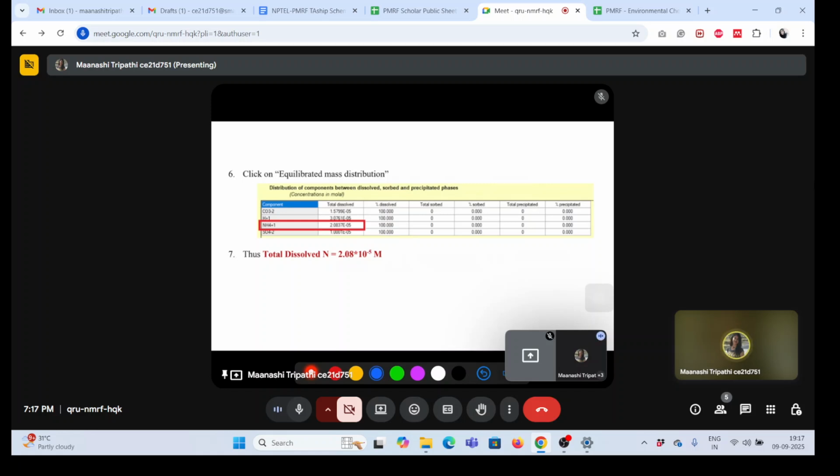Then we need to click on equilibrated mass distribution diagram. So this will give a mass distribution diagram and we will get all the values. How this diagram is coming, the one we were solving earlier, right? Equilibrium distribution diagram. We were making a box, then H plus, OH minus, all those things.